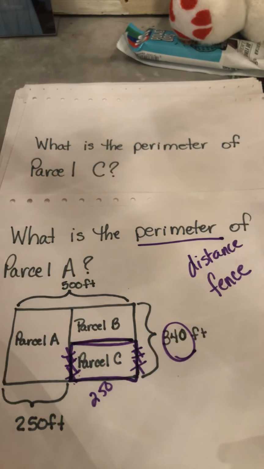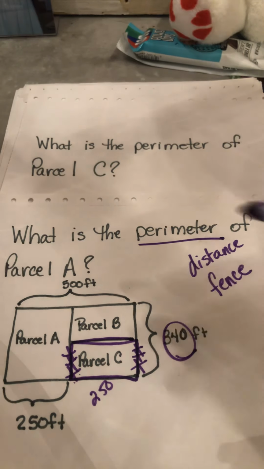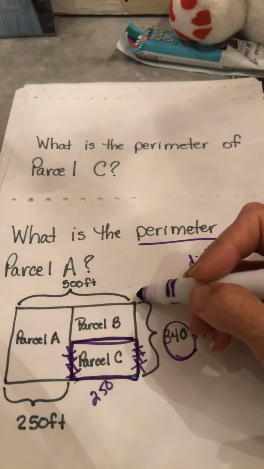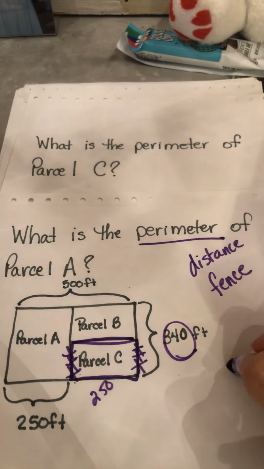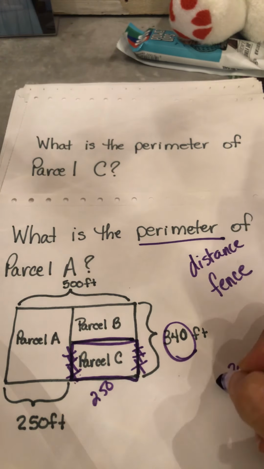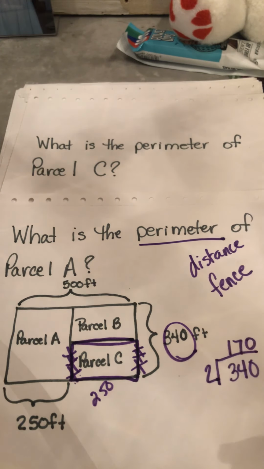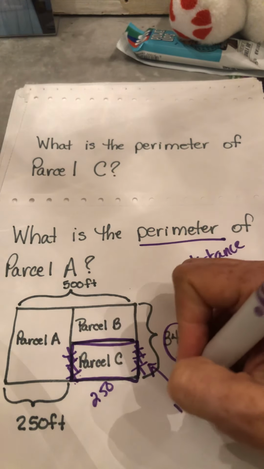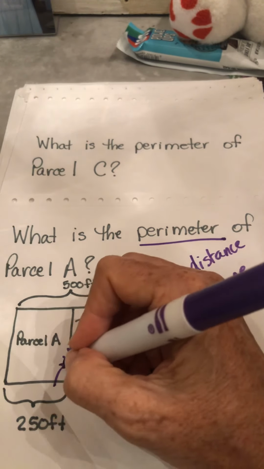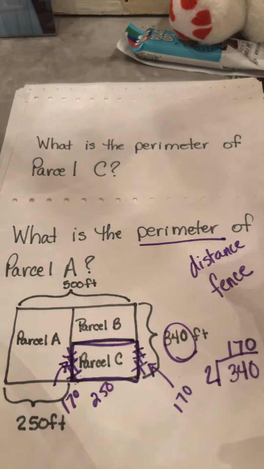This is where you guys are going to have to stop and think before you take the test, because they're going to ask you questions like this. The whole thing's 340. It looks like B and C are exactly the same. So take 340 and cut it in half, divide by 2. When you do that, you get 170. So that means this side is 170 and this side is 170.